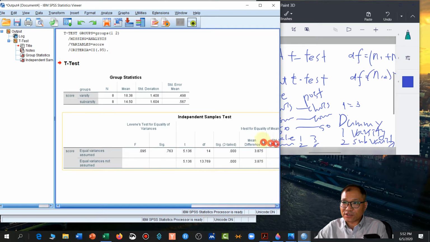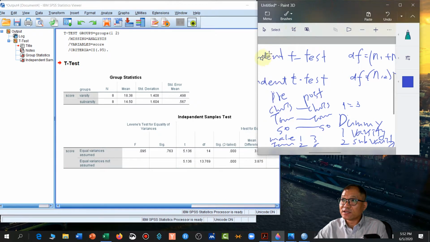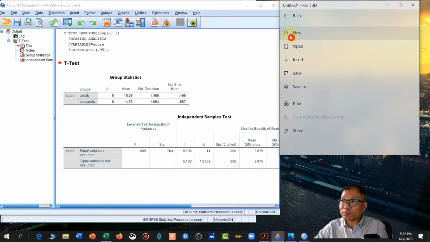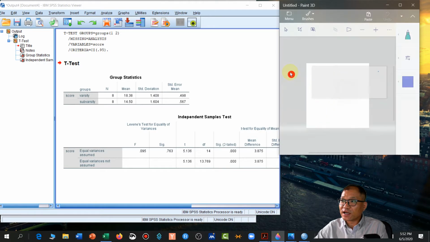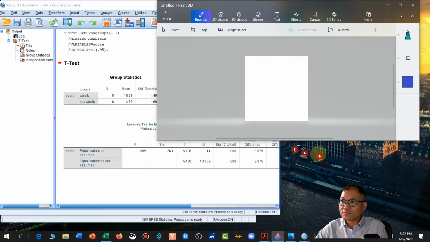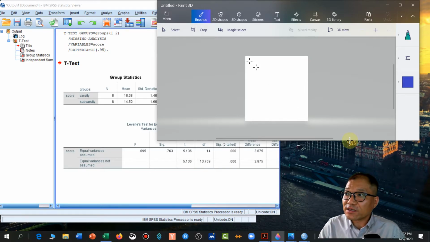If they are really different in the means, the t-value should be equal or greater than 4.14 at the 0.001 level with the df of 14. However, our value is way bigger than what is recommended. Okay, so that is the independent t-test outcome if you use SPSS.